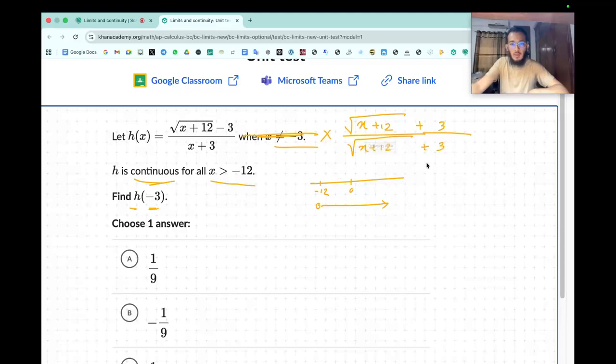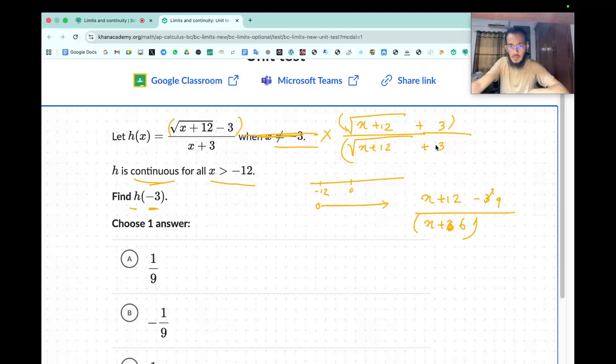Now we can use the formula (a plus b)(a minus b) equals a squared minus b squared. When we square this, the square root disappears. So we get x plus 12 minus 3 squared, and 3 squared is just 9, divided by x plus 3 times this factor.